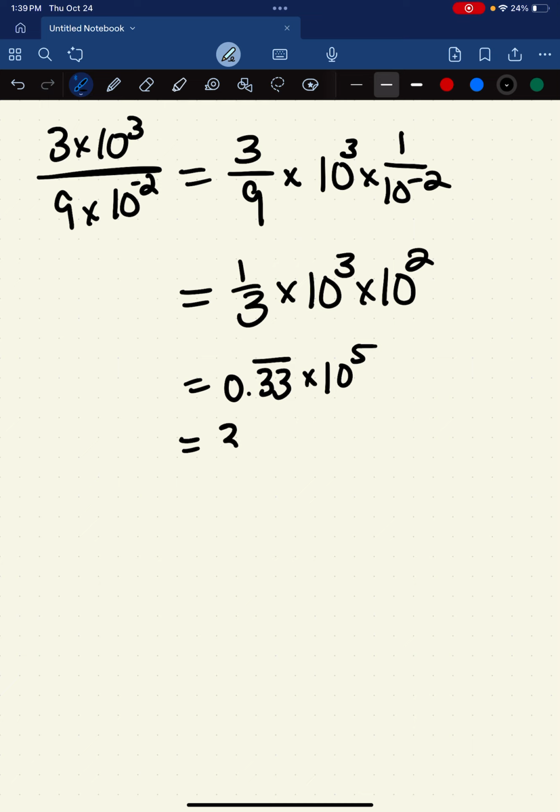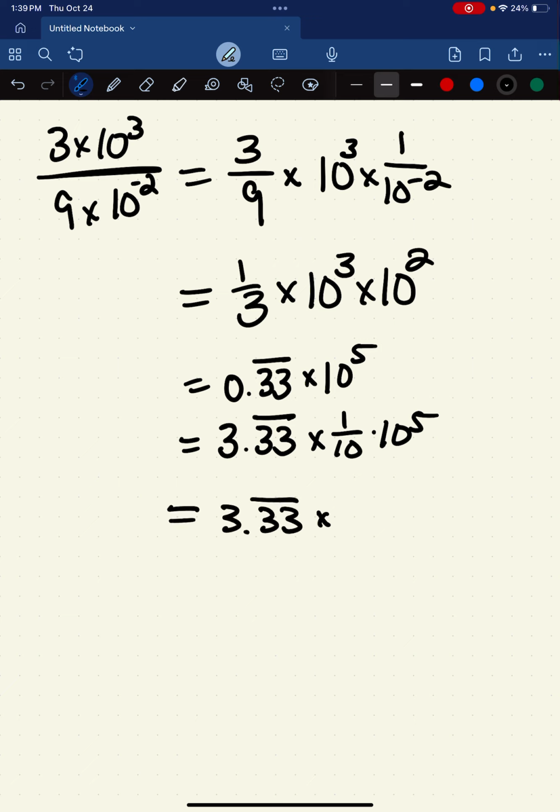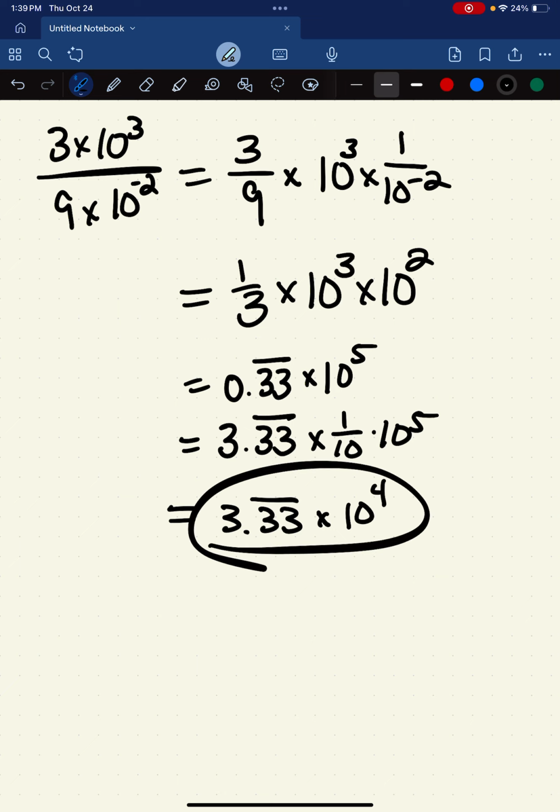Notice this number is too small, so we're going to multiply by 10, and then divide by 10. Ta-da! So we get this number.